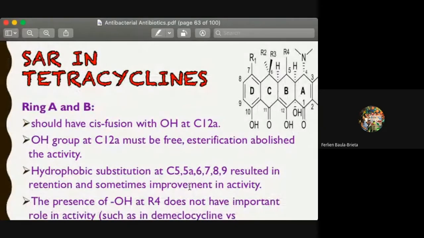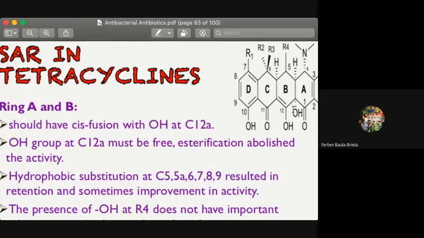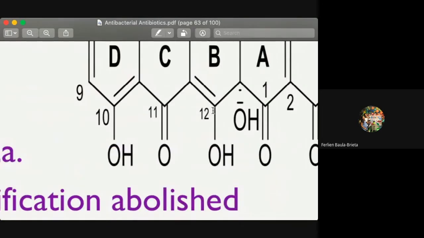For ring A and ring B, this should have cis fusion with hydroxide at C12A. So we have here, this is C12, you can see the cursor, C12, and then this one is the C12A. If you can see there is a broken line, it means to say that the hydroxide in the 3D dimension is situated below.